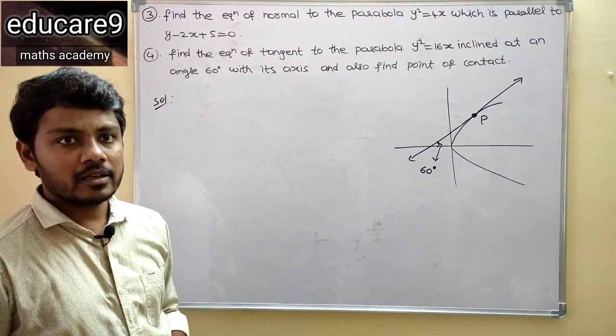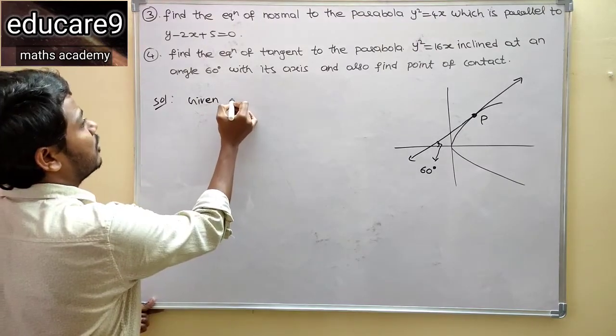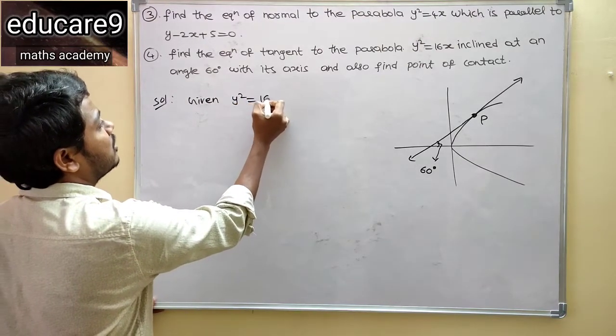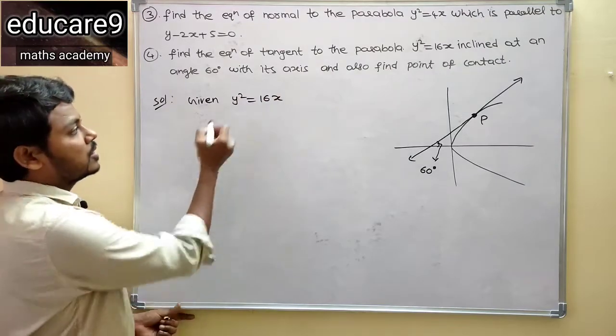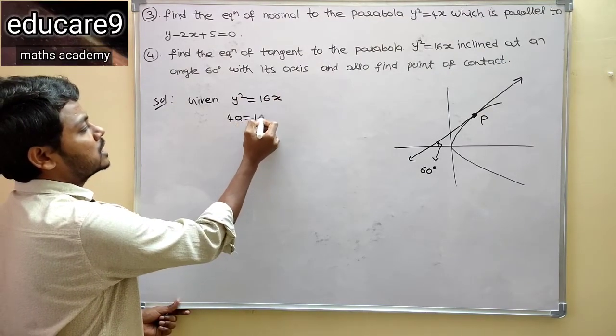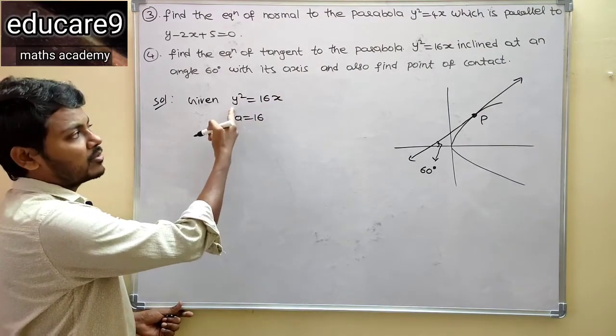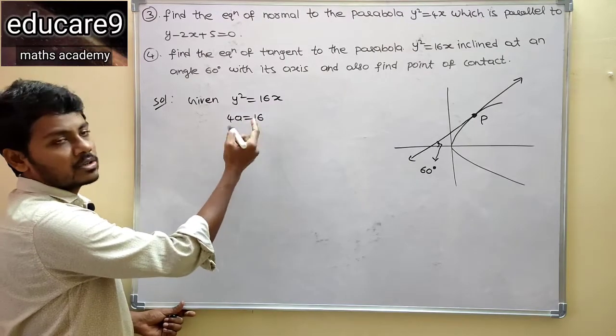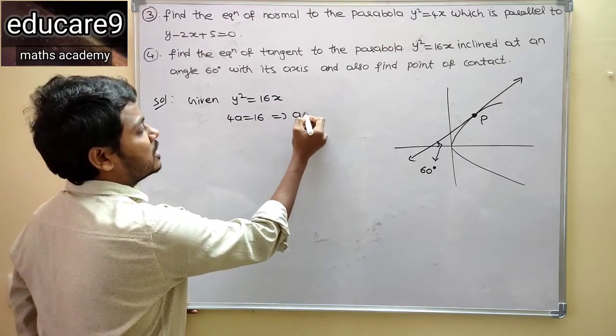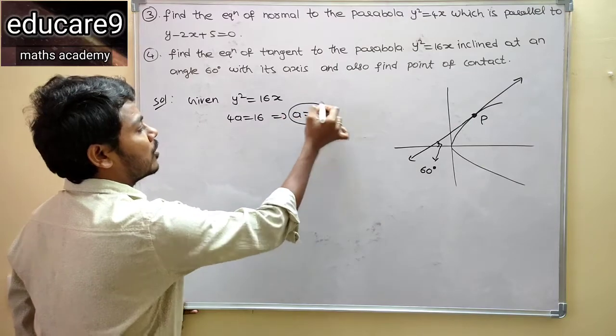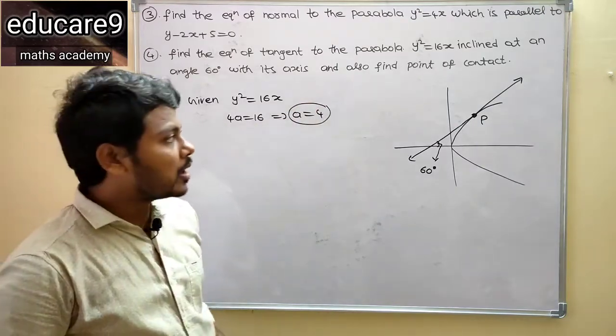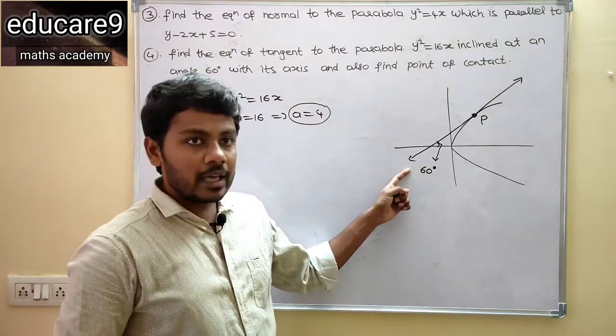Okay, so see here, the given parabola is y square equal to 16x. So 4a is equal to how much? 16. Comparing with y square equal to 4ax, 4a is equal to 16. From this, a is equal to 4. Now, m is what?